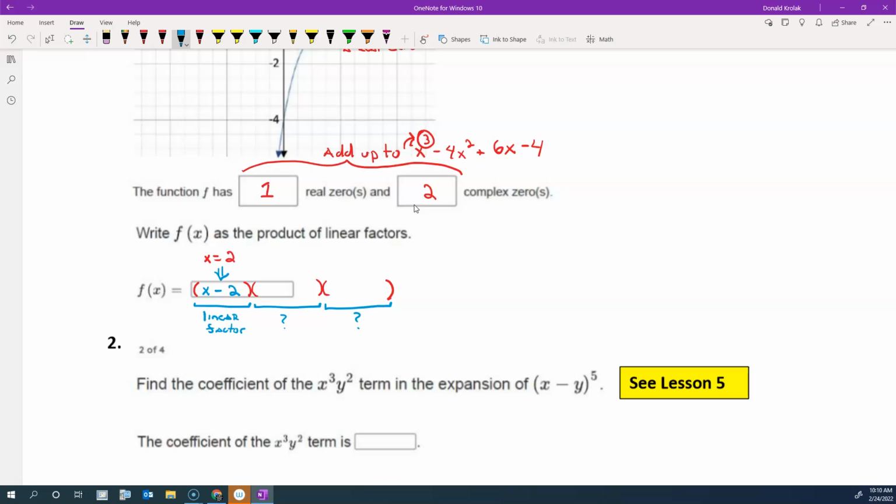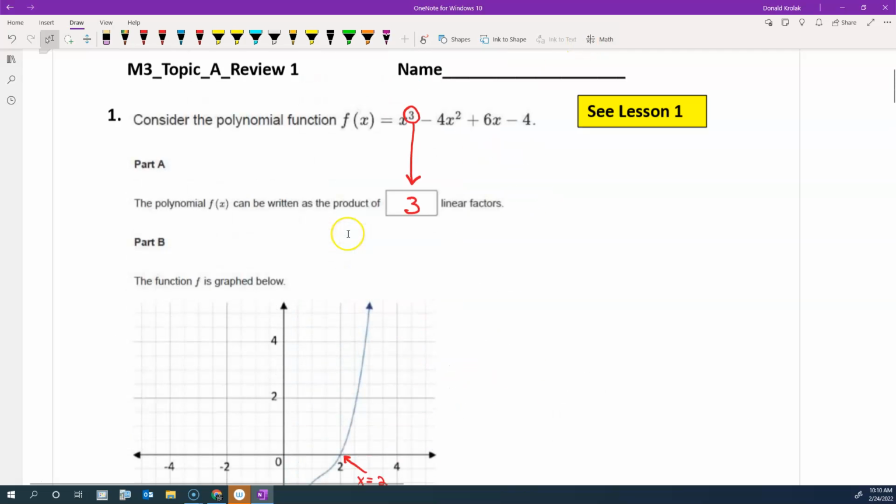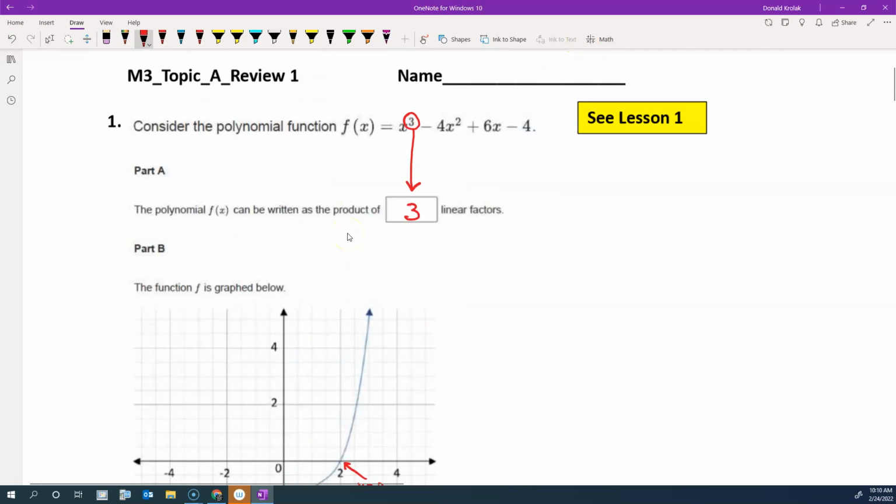So if you remember what we did, we're going to take this polynomial and divide it by this factor. We did synthetic division to do that. This is called f of x.